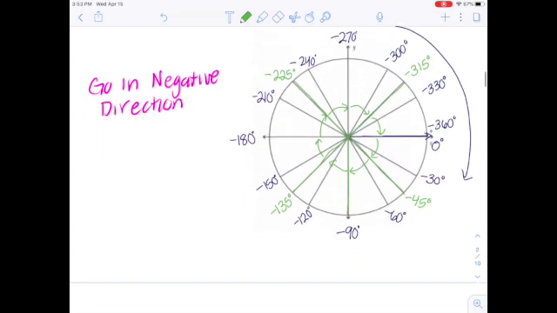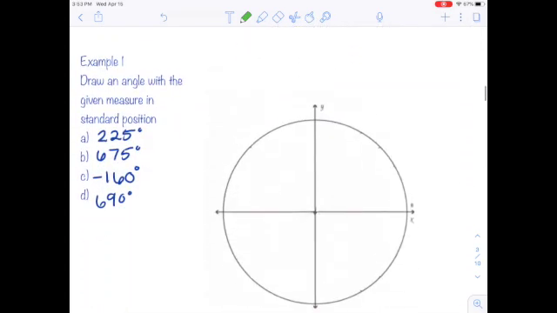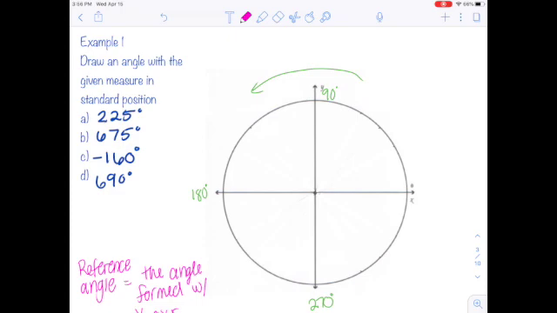Now let's talk about those bigger angles. If you want to draw an angle with the given measure in standard position, we'll start with part A. Let's look to draw 225. You're going to notice that 225 is positive, so we want to make sure we're going in a positive direction, which is our counterclockwise direction.